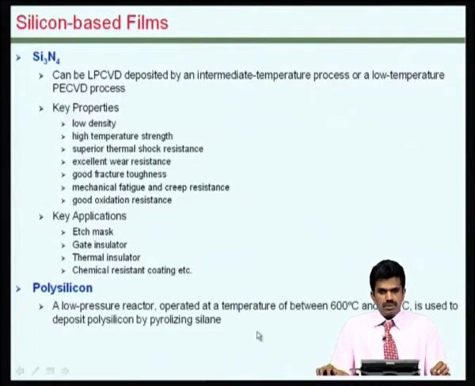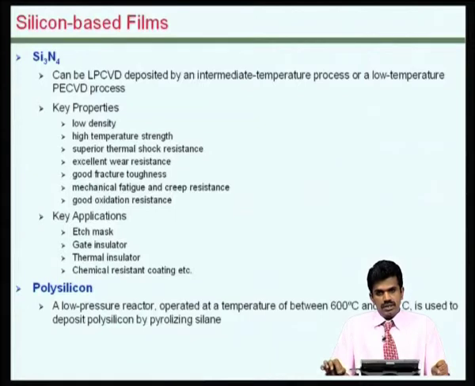Another silicon based film is known as polycrystalline silicon, which consists of small crystallites of silicon. So, within the crystallite it is a crystal of silicon, but between crystallites there are grain boundaries, because of which it is not a single crystal structure, it is a polycrystalline structure of silicon.